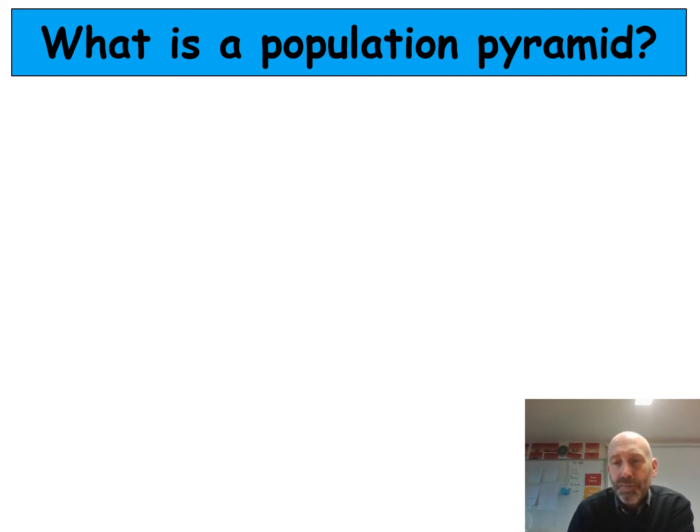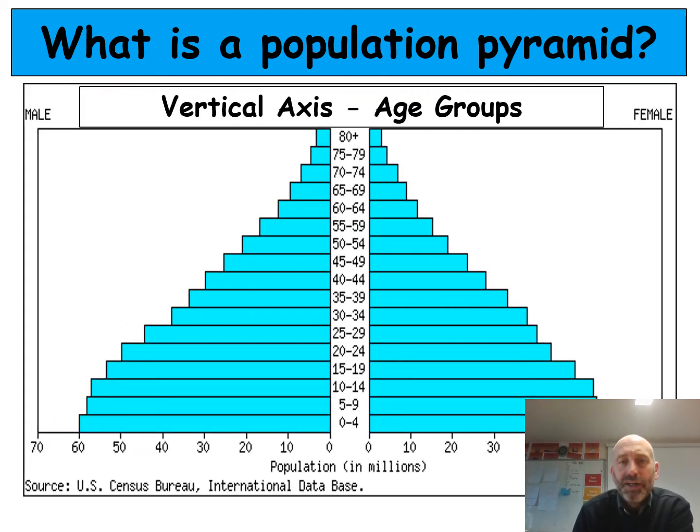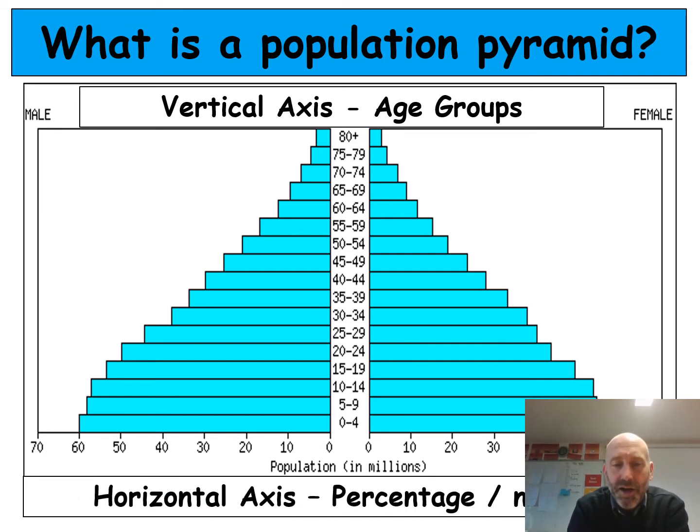So basically, a population pyramid is a way of showing population structure. The vertical axis is different age groups, often going up in 5 year bands. The horizontal or x-axis is always shown in percentage or in the actual number.